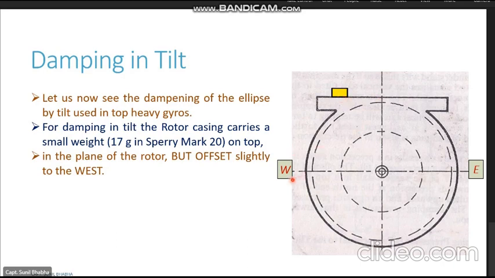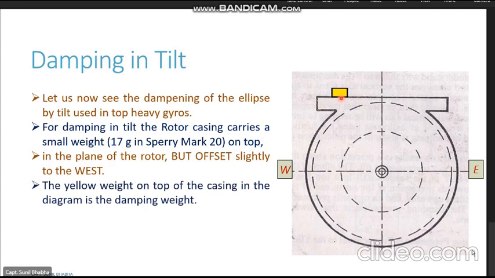This is the westerly direction, the left side, and the small weight which we are placing is not on top of the rotor, but slightly offset to the westerly direction. So this yellow weight on top of the casing, slightly offset to the west, weighing 17 grams, is the weight which we use for generating the damping precession, for damping this in tilt.